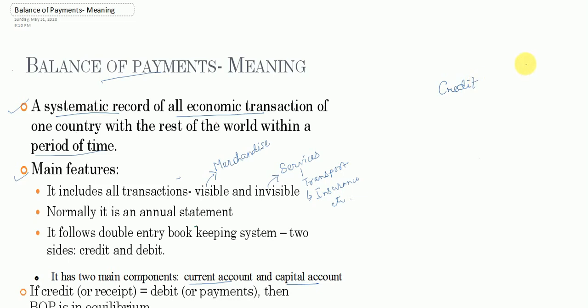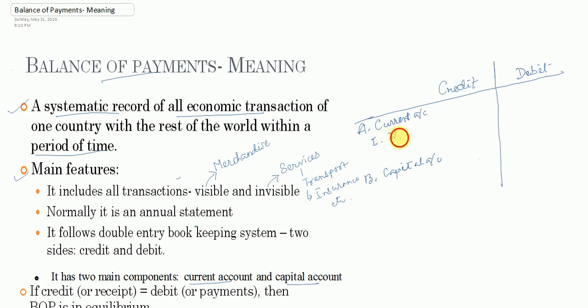since it has two sides, one is credit and another is debit, so it is written like this. And since it has two main components, one is current account and another is capital account, so we write these components right here. Under current account, the main subcomponents are the visible items and the invisible items.